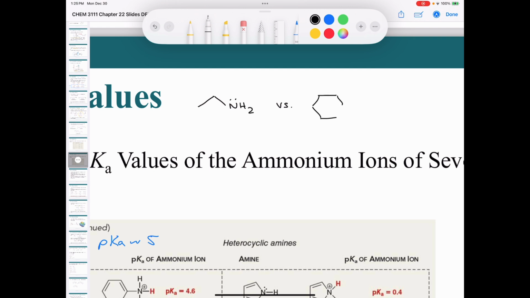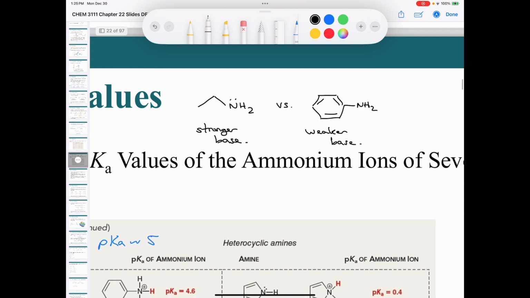Now why is it that the ethylamine is a much stronger base? This is going to be the stronger base, and therefore it produces a weaker conjugate acid. And this is going to be a weaker base, and therefore it produces a stronger conjugate acid.